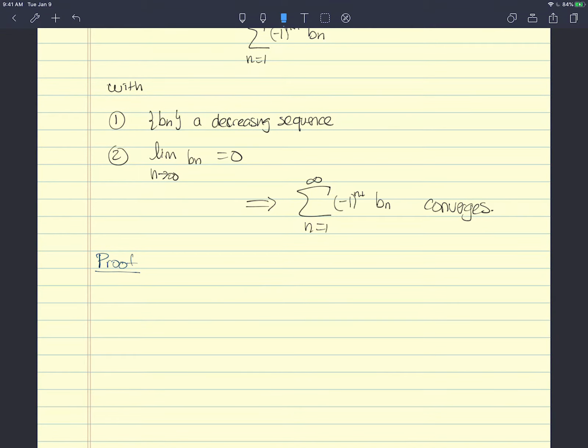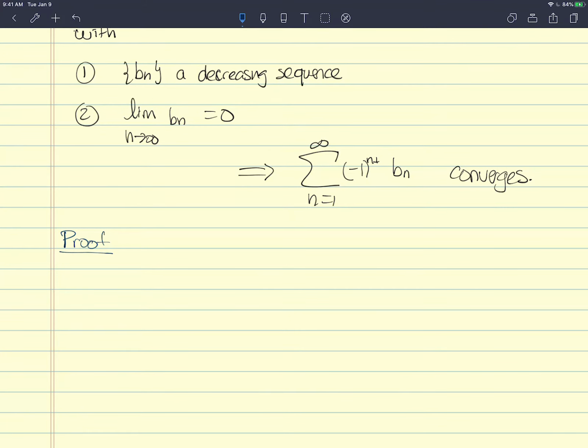To prove that a series converges, by definition, the series from n equals 1 to infinity of (-1) to the n plus 1 times bn will converge if the sequence of partial sums converges.